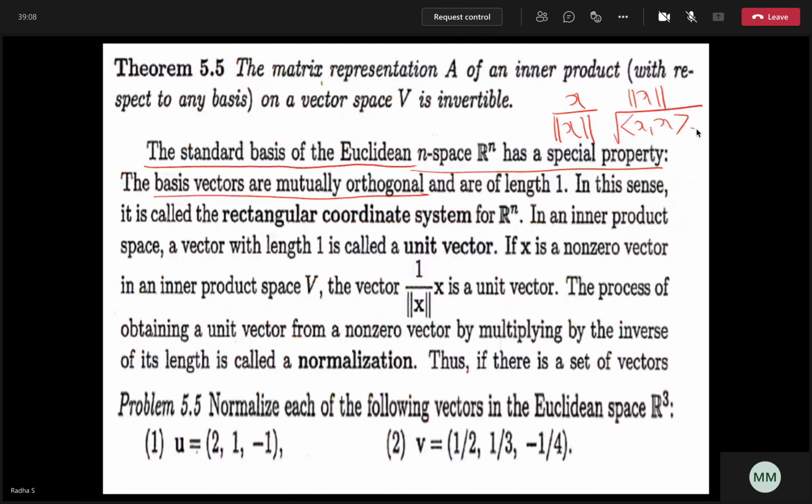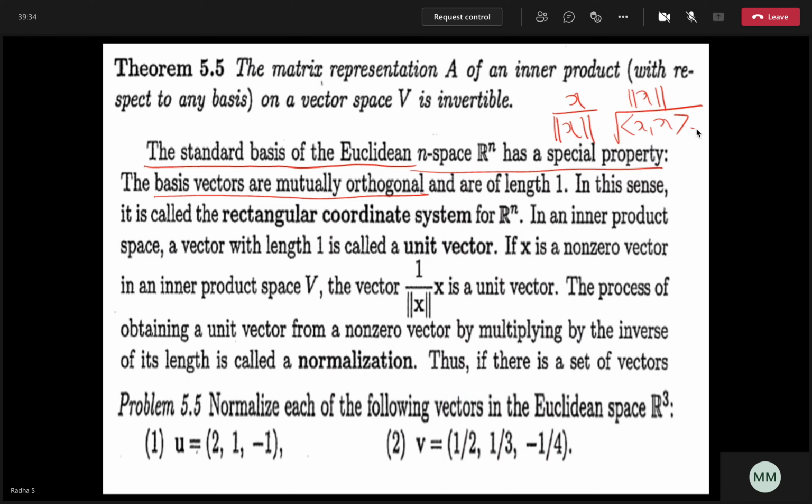Excuse me, ma'am. You said the vectors are to be mutually orthogonal, but if one is already perpendicular to the other, then it is going to be the same. What is the purpose of saying mutually orthogonal? Mutually means one with respect to the other. Suppose I consider 3 vectors V1, V2, V3.